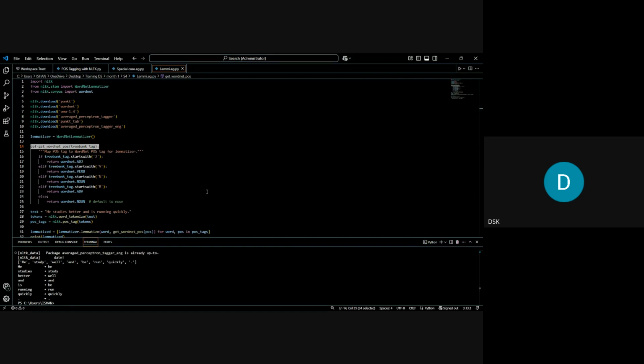So basically, this converts the POS tags from NLTK Treebank style to WordNet format, which is required by the WordNet lemmatizer. Why is it needed? Because NLTK and WordNet use different POS tag conventions.